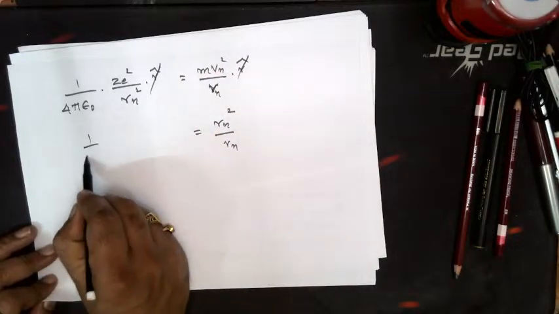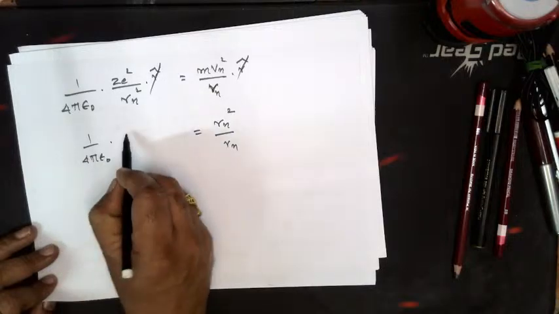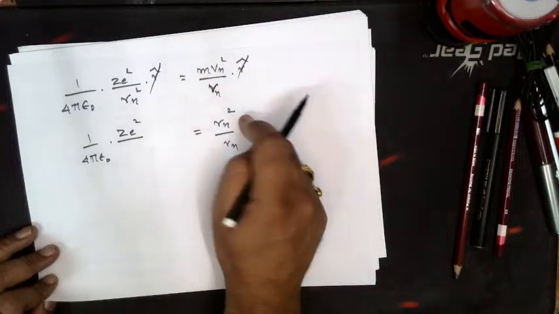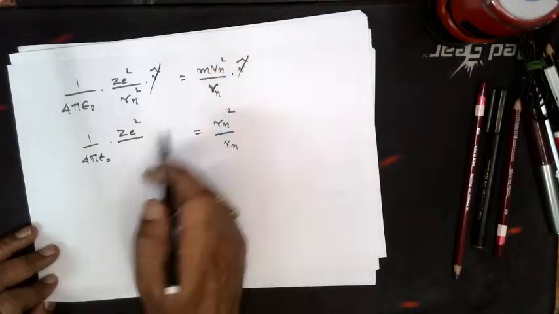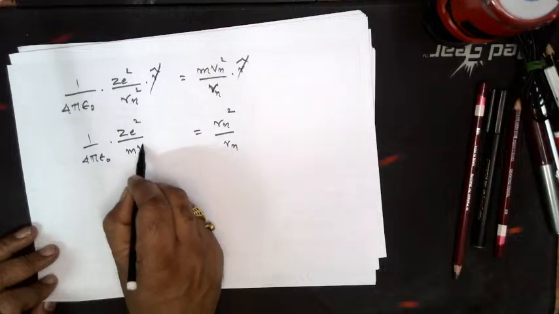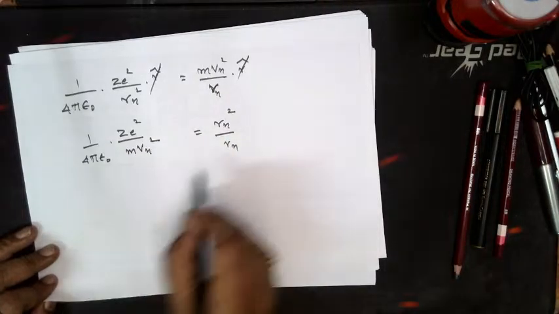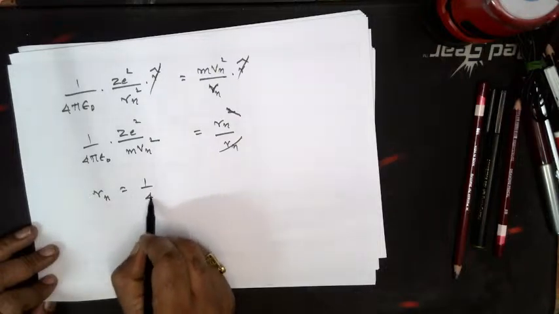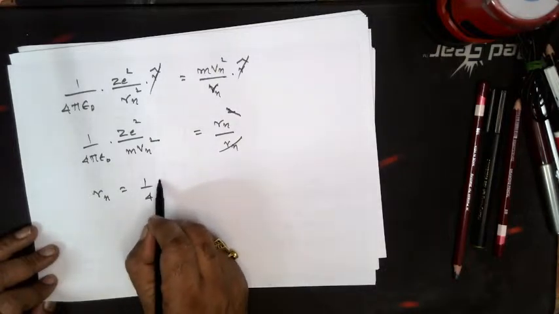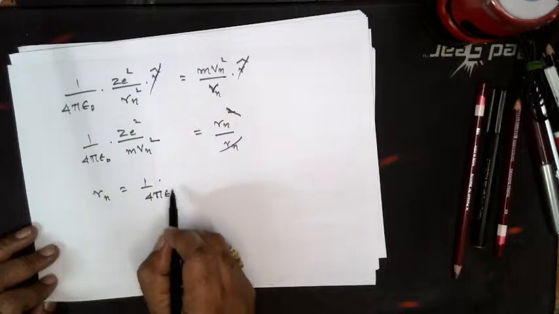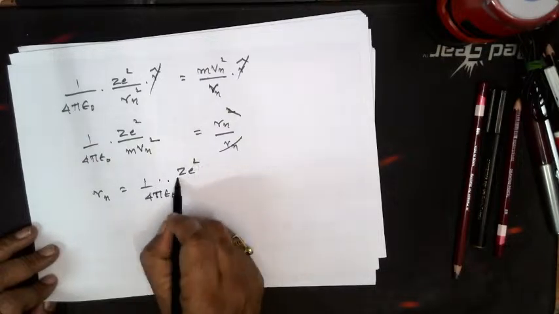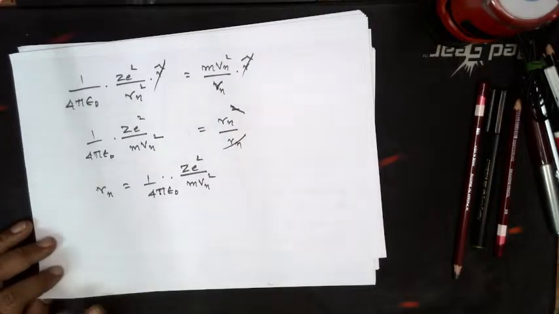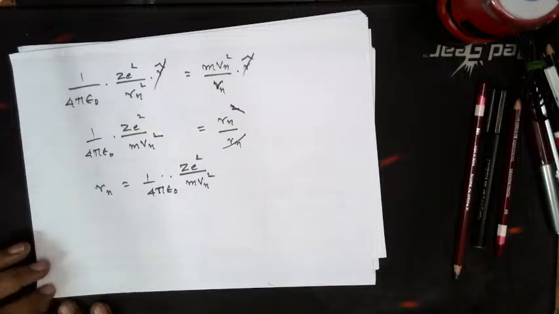So 1 by 4 pi epsilon naught is there, Ze squared. Now we can declare Rn as 1 by 4 pi epsilon naught into Ze squared divided by m into Vn squared. Got it?